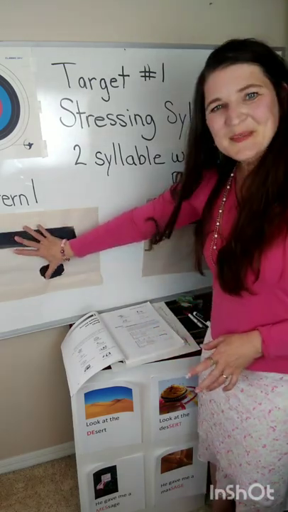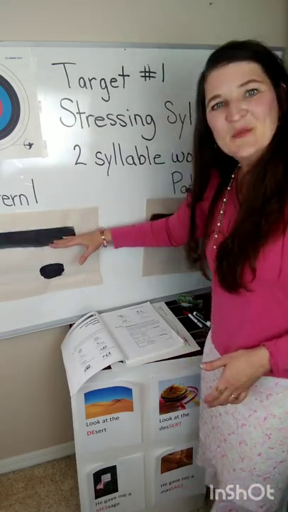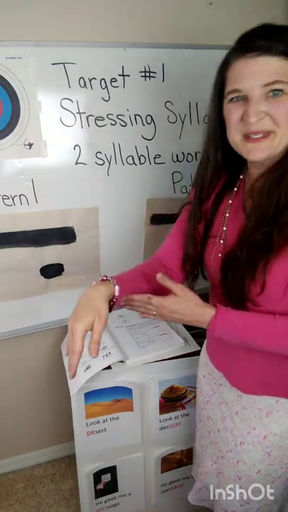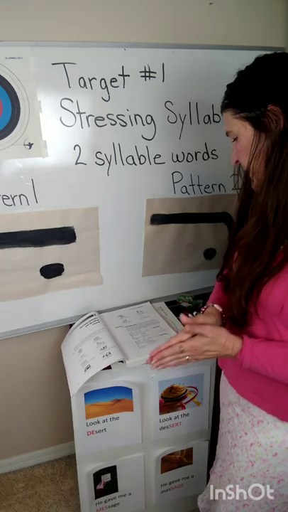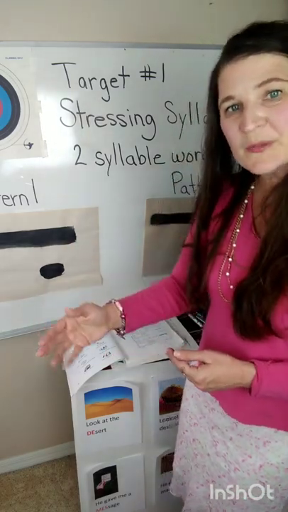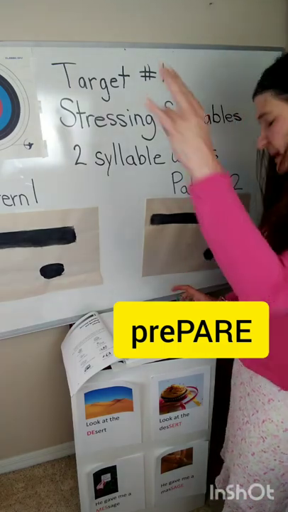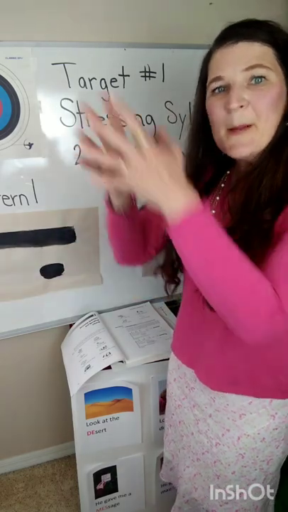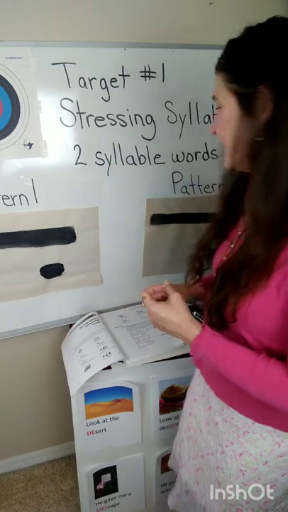Now, this is where your voice stays at the same volume. The second pattern is where your voice drops down. Some examples of this pattern are prepare. Notice the emphasis is on the back end of the word. Prepare. Pair gets more emphasis.